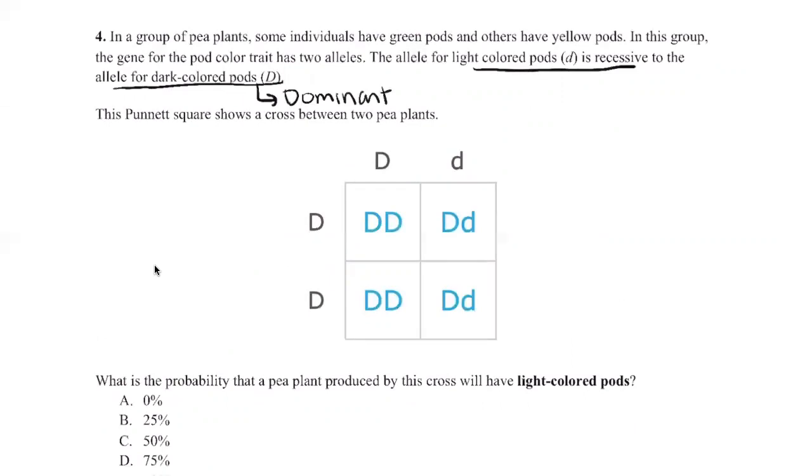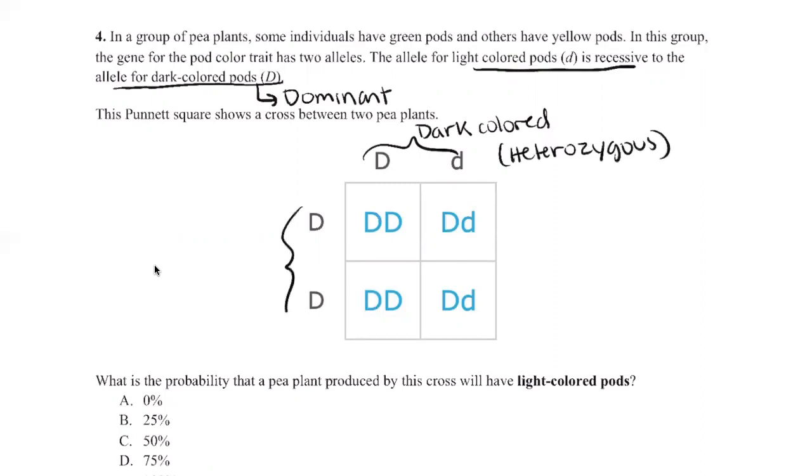So we have a cross between 2 pea plants. This one is dark colored pods, and it's also heterozygous. And this one is also dark colored, but instead of being heterozygous, it's actually homozygous dominant.